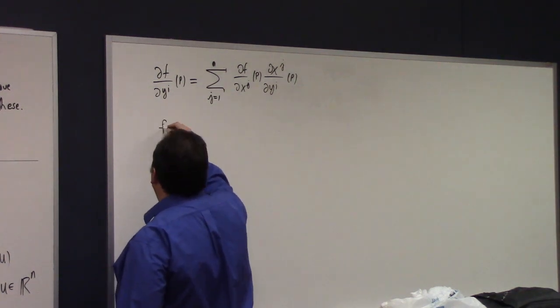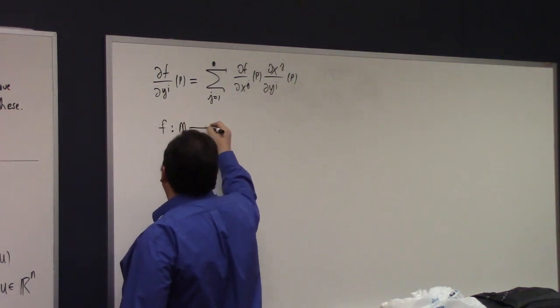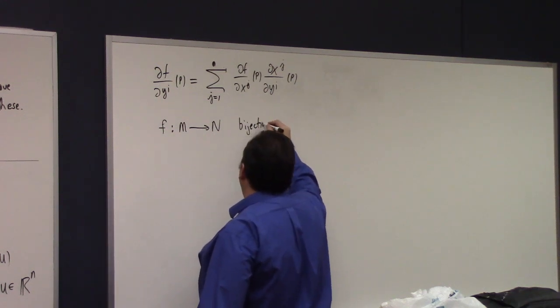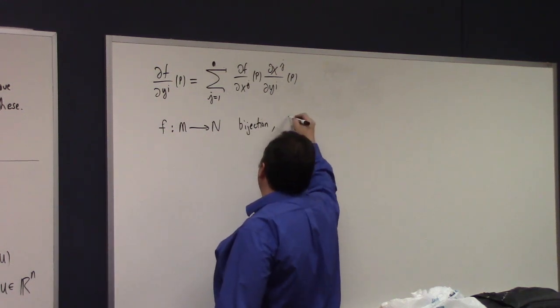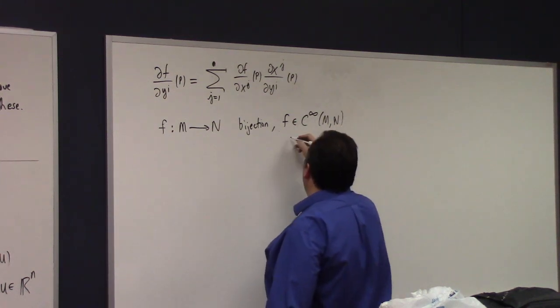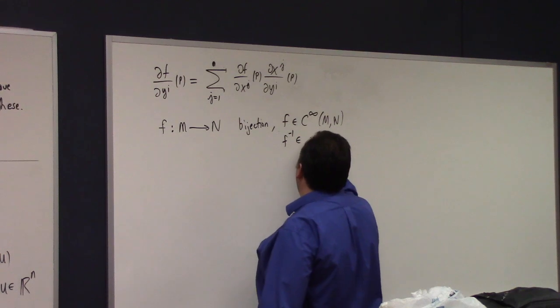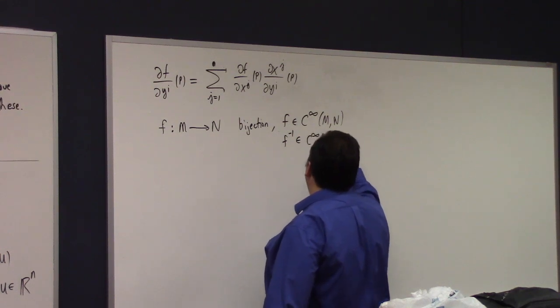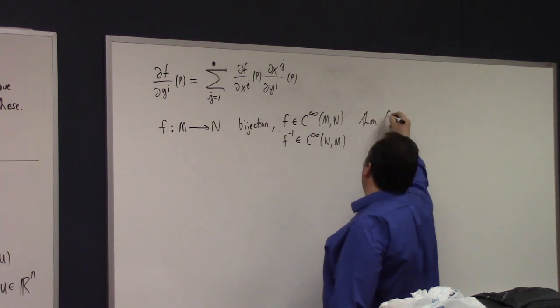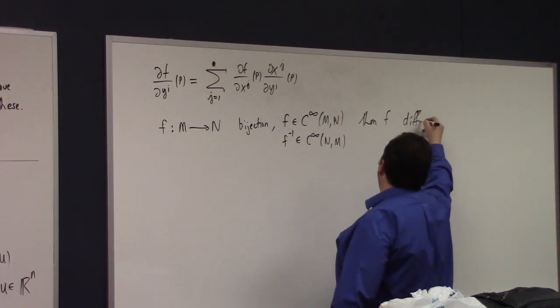So if we have f from M to N, a bijection, and f is an element of the smooth maps from M to N, and f inverse is a smooth map from N to M, then f is a diffeomorphism.